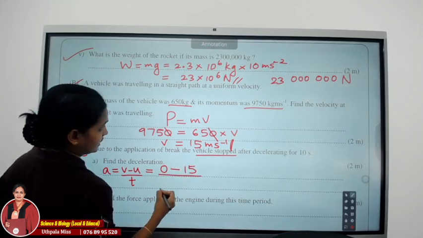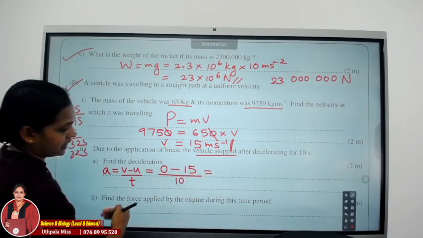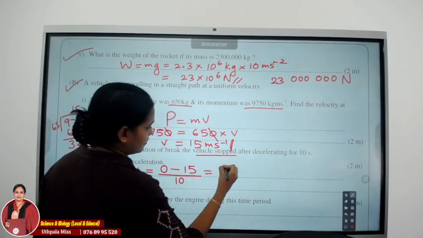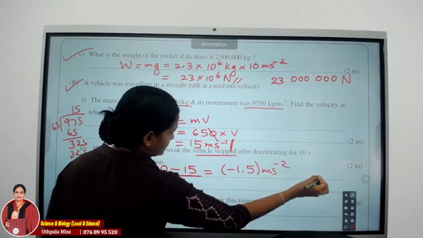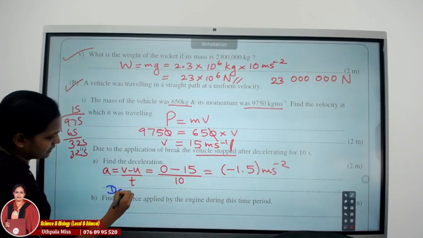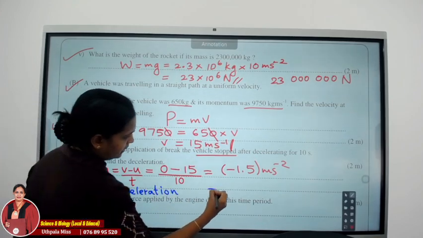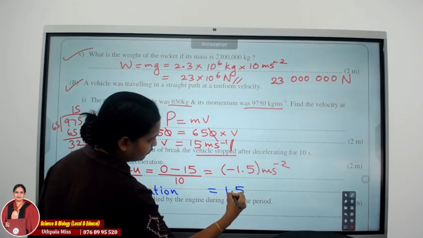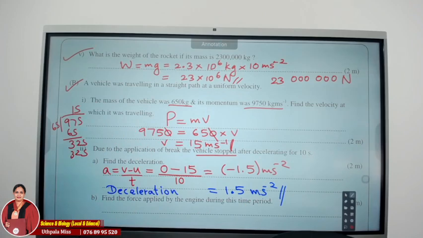The time taken is 10 seconds. So minus 15 divided by 10 means minus 1.5 ms minus 2. Since it asks about deceleration, you can rewrite this: deceleration equals plus 1.5 ms minus 2. Right? Did you get that, Haridar, Sesandi?